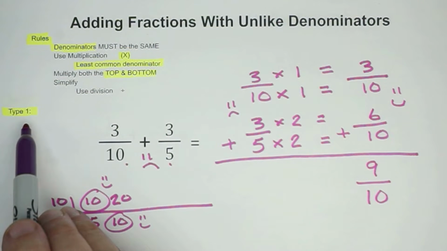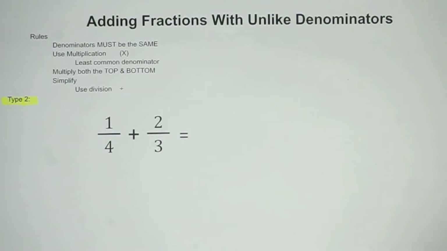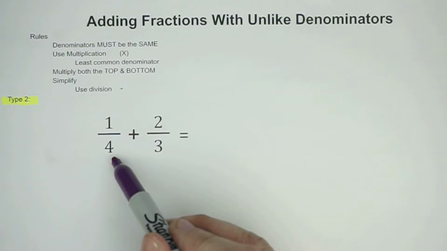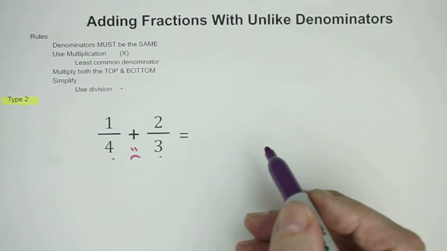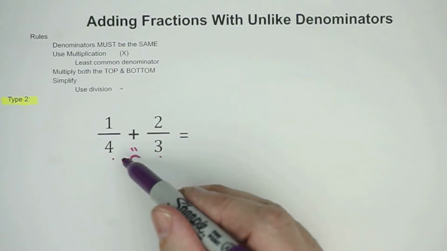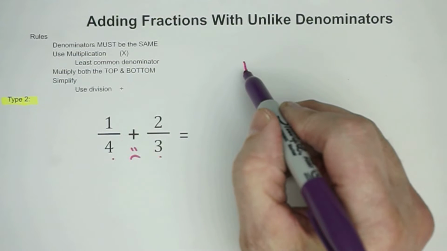Let's look at what I call type 2, where we're going to have to change both, but we're going to use the same strategy. So first step is to check your denominators, and they are not the same. The frown face just means that we have a couple extra steps to add these fractions. It really is a good idea to rewrite.